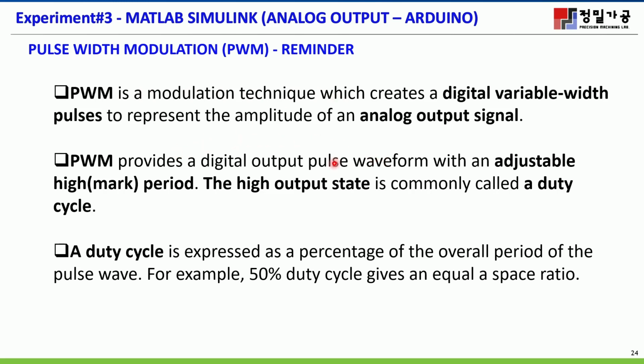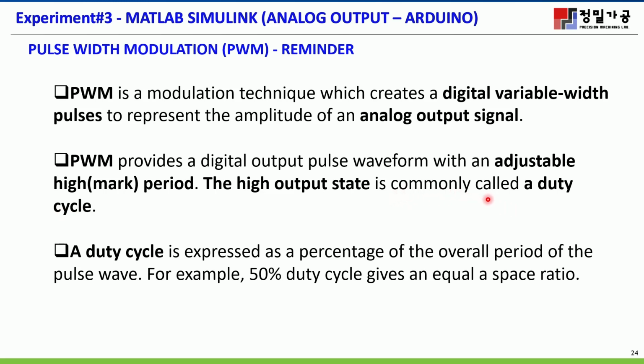So in this case, pulse width modulation generates a signal with an adjustable high output period. The high output state is commonly called a duty cycle.